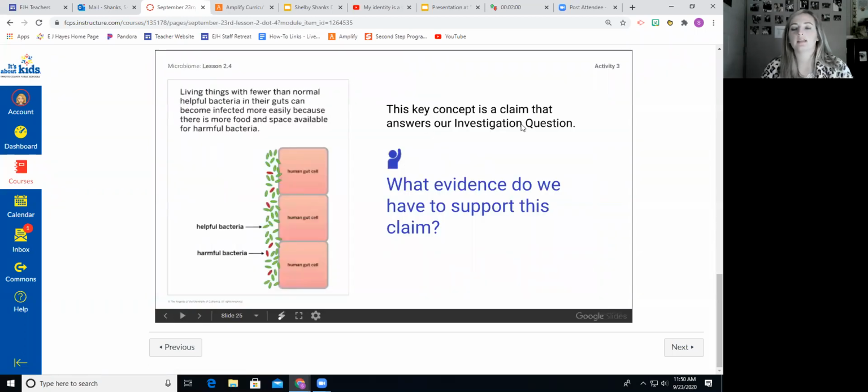All right, so this key concept that we just wrote down is going to be our claim. So when we talked about scientific argumentation on Monday, we said that scientific argumentation starts with what? What does scientific argumentation always start with?